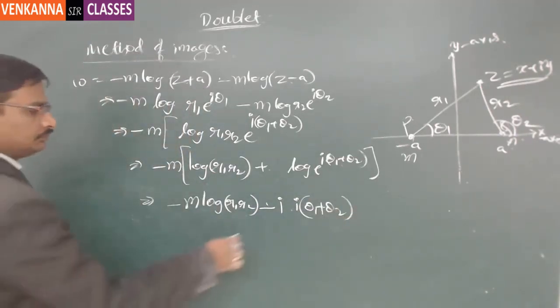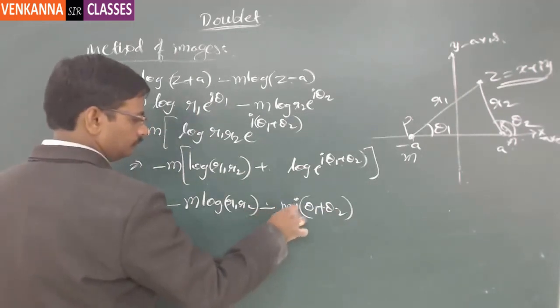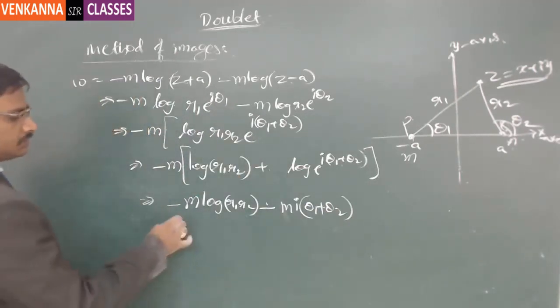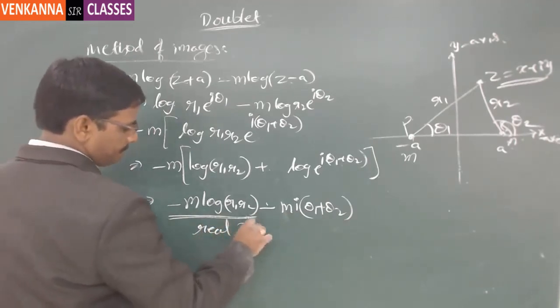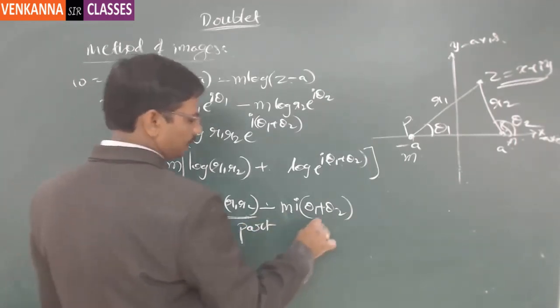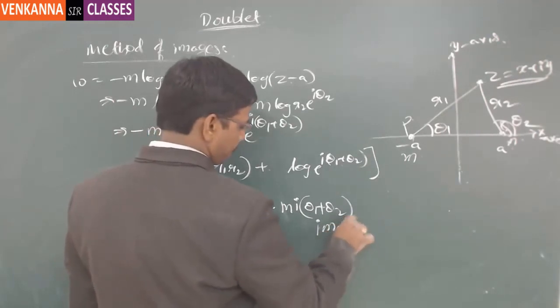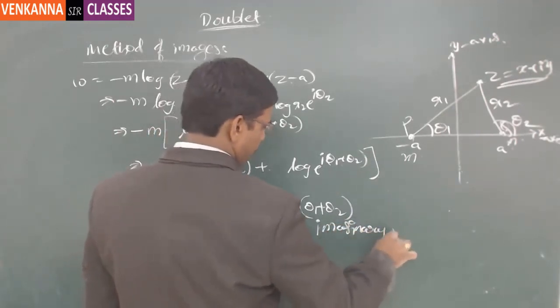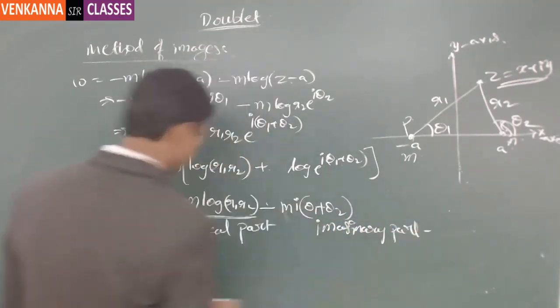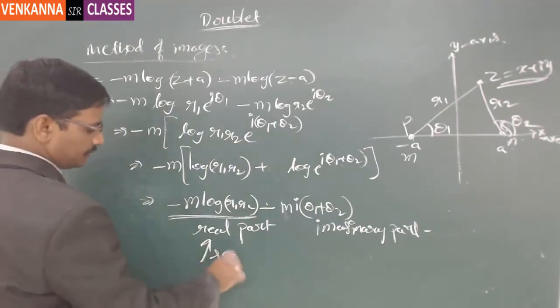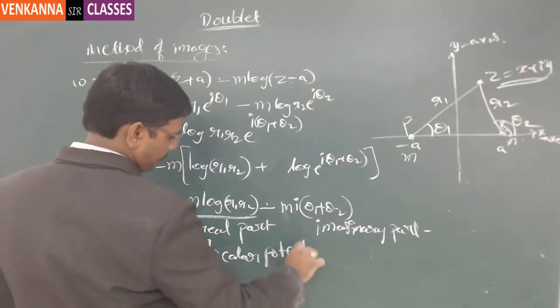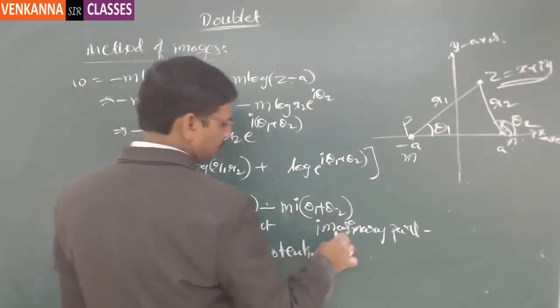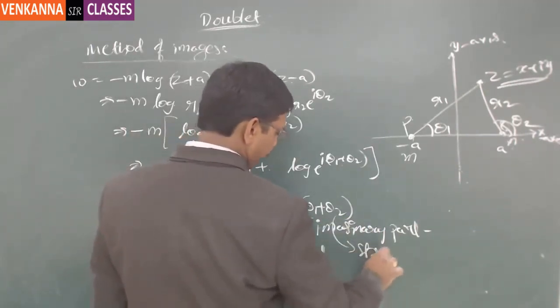This part is the real part and this part is the imaginary part. So this is nothing but the scalar potential, and this is the stream function.